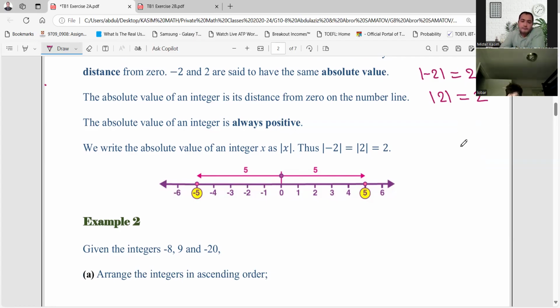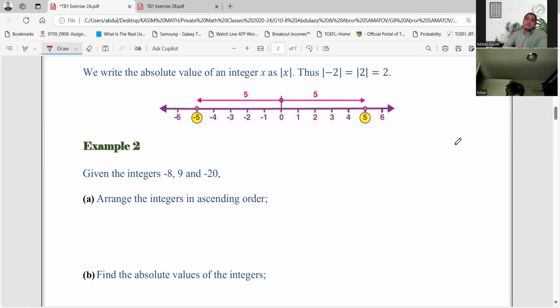The absolute value of an integer, if it is not 0, is always positive. We write the absolute value of an integer x as |x|. That's the absolute value of x, right? The absolute value of negative 2 is 2, the absolute value of 2 is 2.